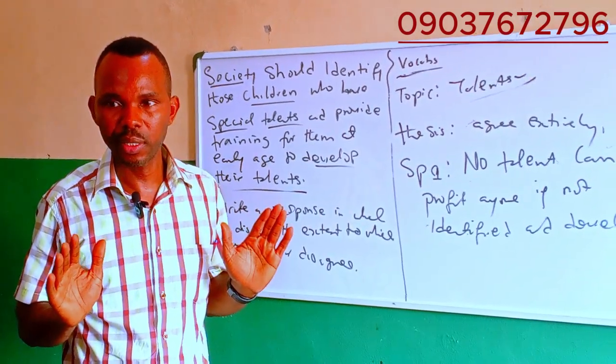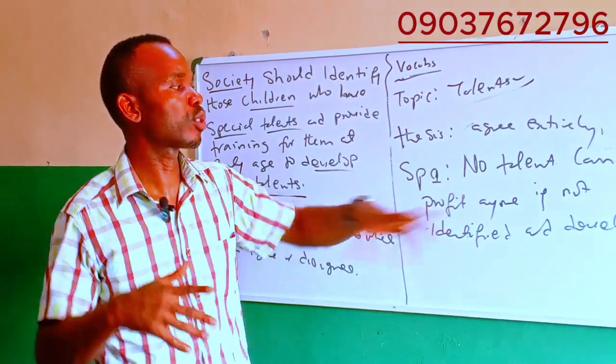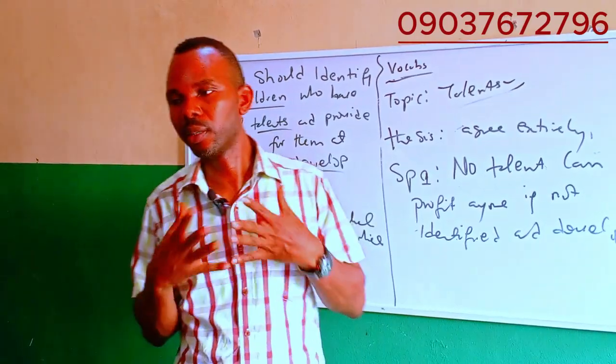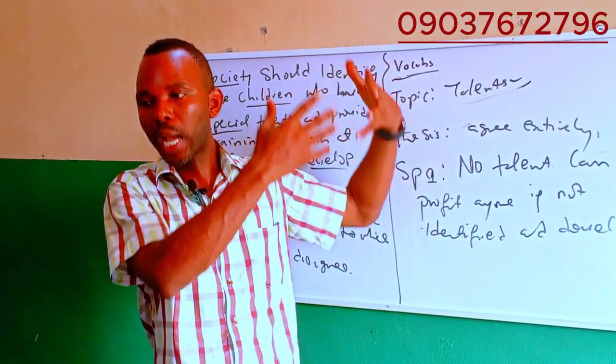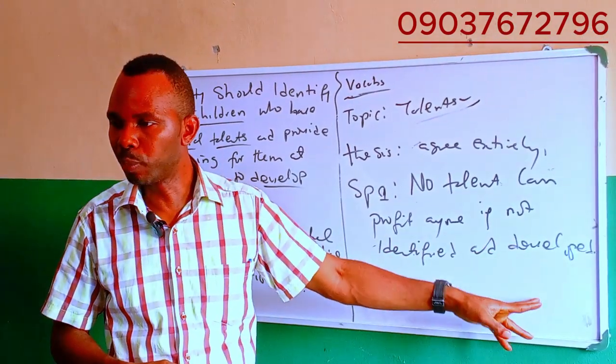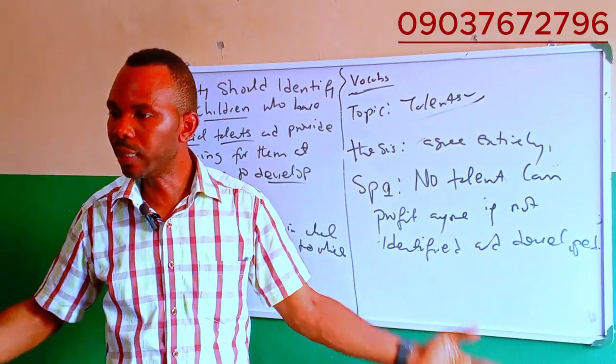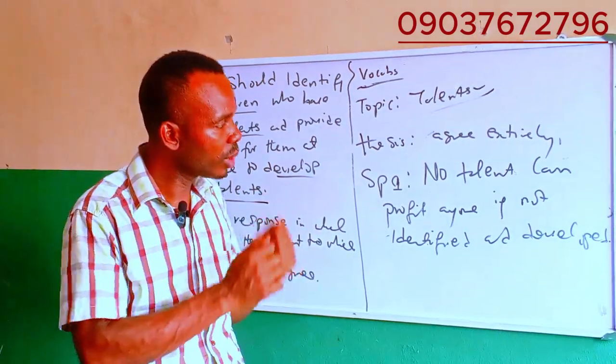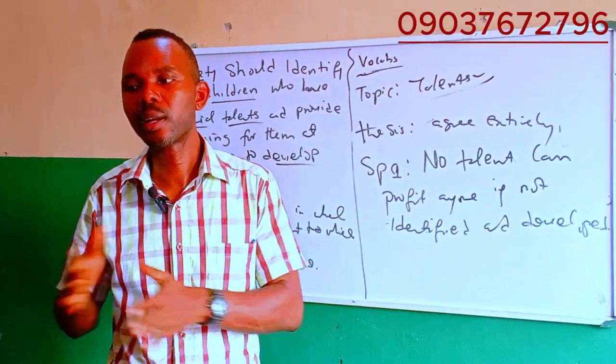This is the statement. Do you understand? So this is my first supporting point. I am saying the reason why I agree to that motion is because if you don't identify the talent and develop it, it will not profit anybody. So I'm now going to explain that when I start my essay.